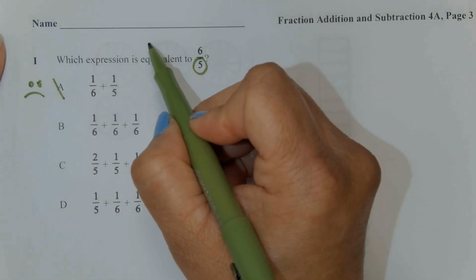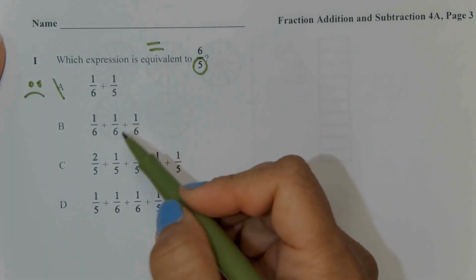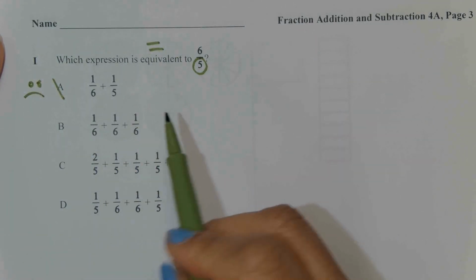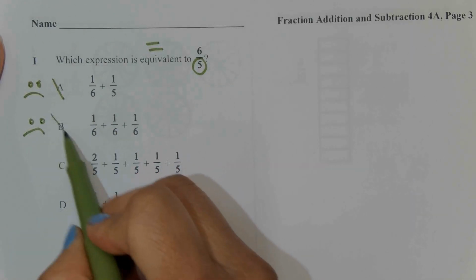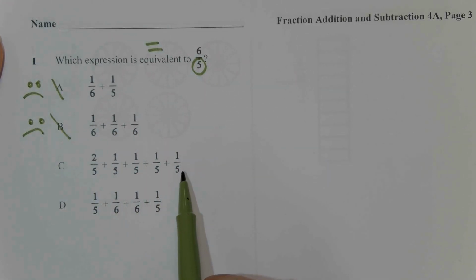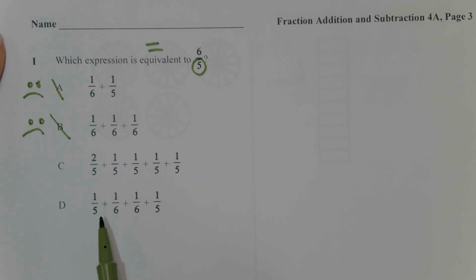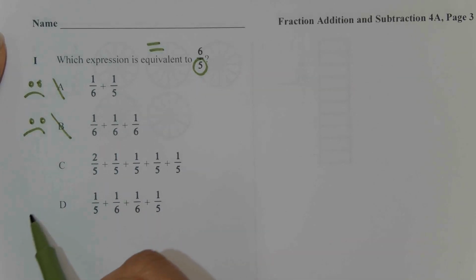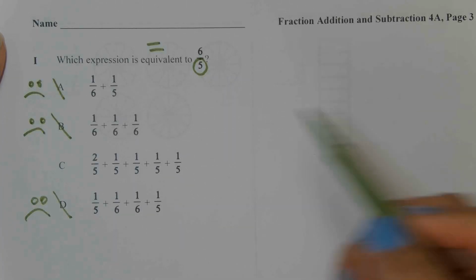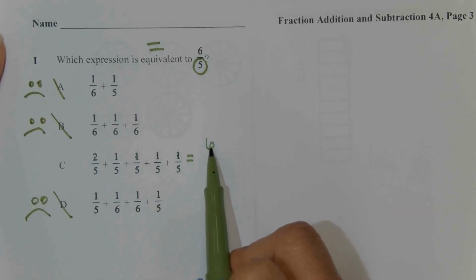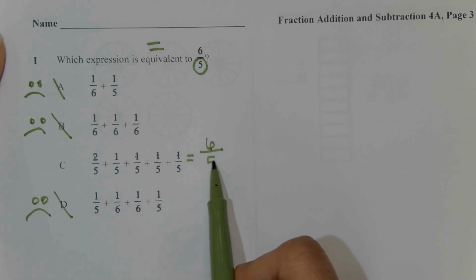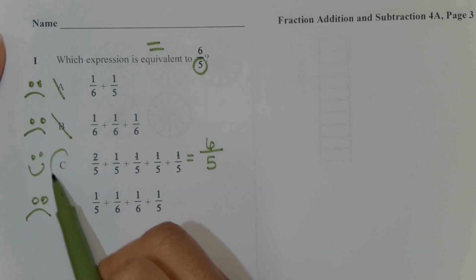They want to know which one is equal to 6 over 5. So our denominator has to be 5. This one has a denominator of 6, so that one's out. This one has a denominator of 5. This one has a denominator of 5. This one is out. So now let's check our work. 2, 3, 4, 5, 6. 6 over 5. There's my answer.